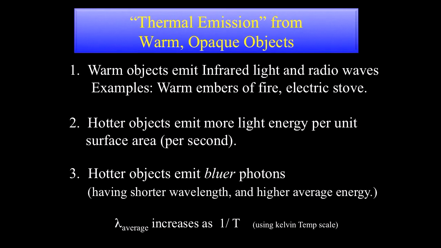And a cooler object emits lower energy photons, i.e. redder. And there's a relationship which I'll just tell you about. It's one of the most powerful in this field. The average wavelength of light emitted in thermal energy, the average wavelength is proportional to 1 divided by the temperature.